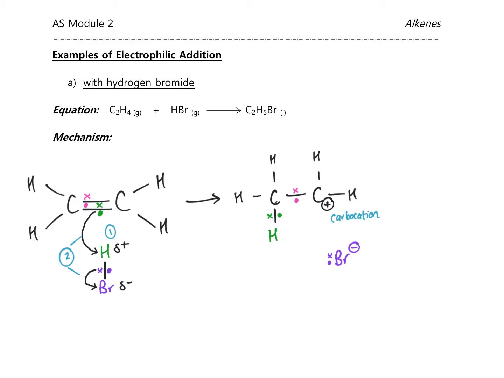So you can see in the first step, there were no full charges. And now here in the second stage, we have our positive carbocation, and we have our negative bromide ion. So hopefully you can see what's going to happen now. The positive carbocation essentially attracts the negative bromide ion, and a bond is formed between the two.